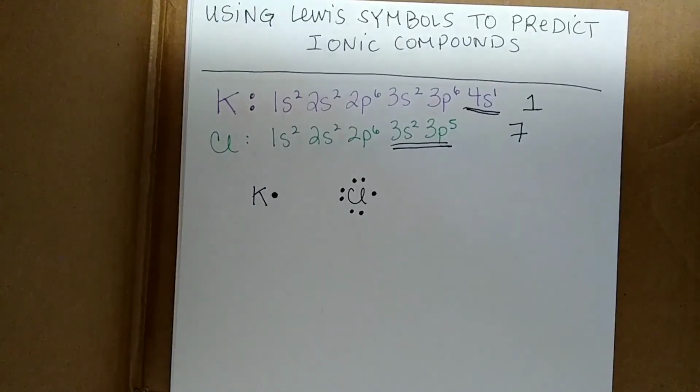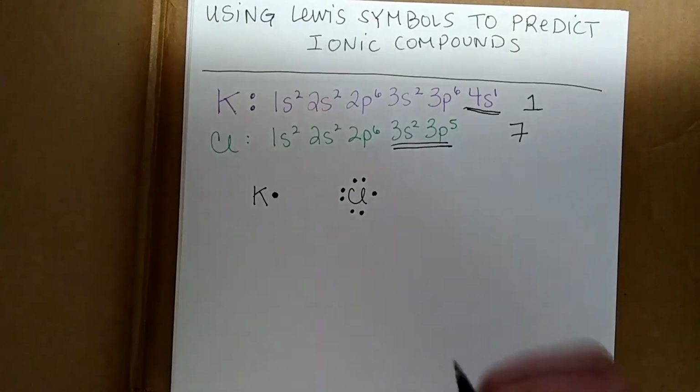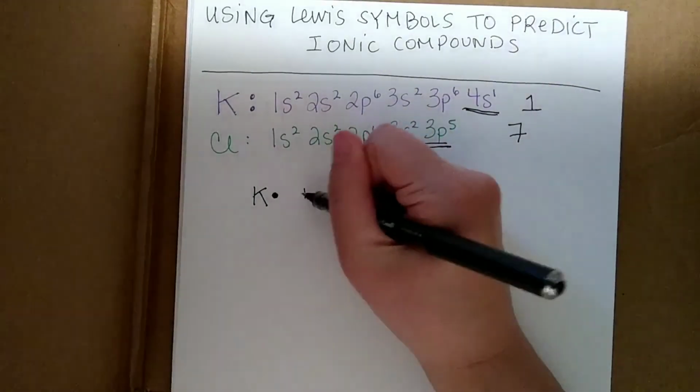So we know already that this compound is KCl because it's very simple. So what we know is that the potassium is going to lose an electron, and it's going to become K plus 1, and that it's going to be transferred to the chlorine. So the way to represent this in a Lewis structure is the following notation. I'll just make it very formal.